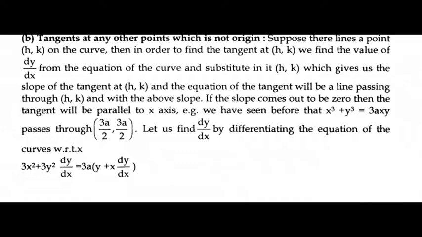Given any equation, differentiate it with respect to x, and find the value of that at h, k, which gives us the slope of the tangent. The equation of the tangent will be a line passing through h, k with the above slope. So this is already the equation of a straight line with slope m and point x1, y1. You need to write that equation.